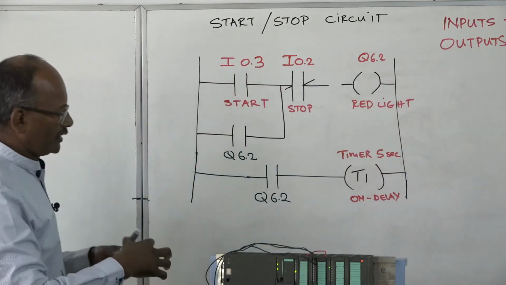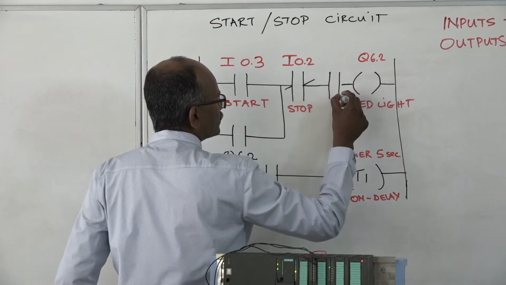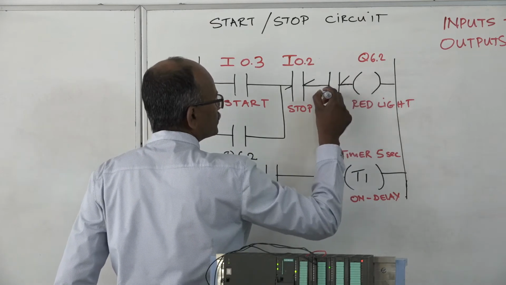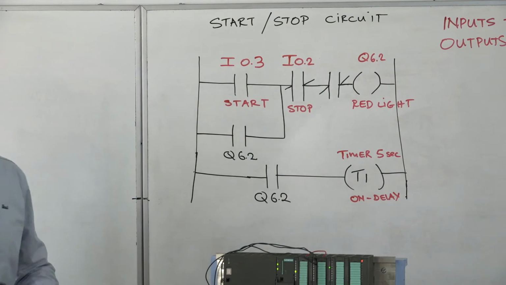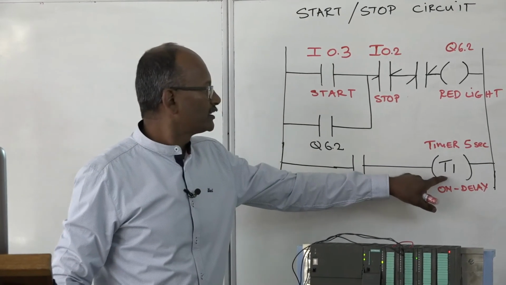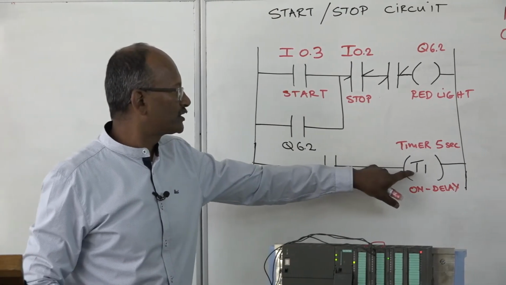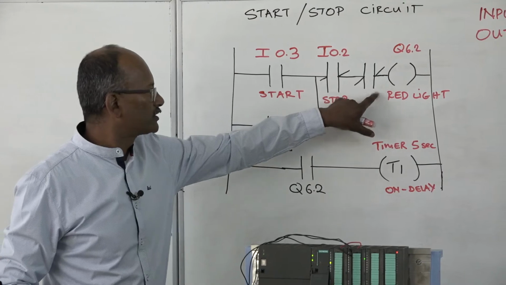At this point, I'm going to put in a normally closed switch. What will be the address of the switch? Remember, we said the timer can have as many normally open or normally closed switches attached to it. So I'm going to call this T1.